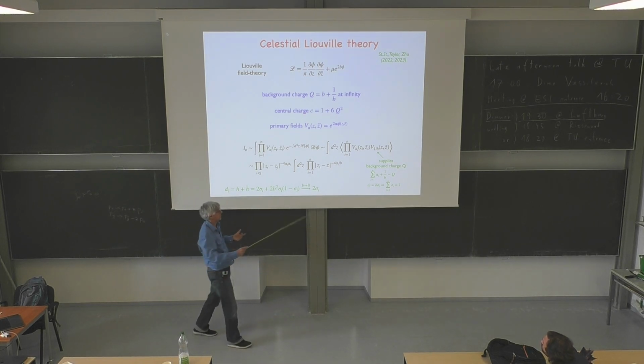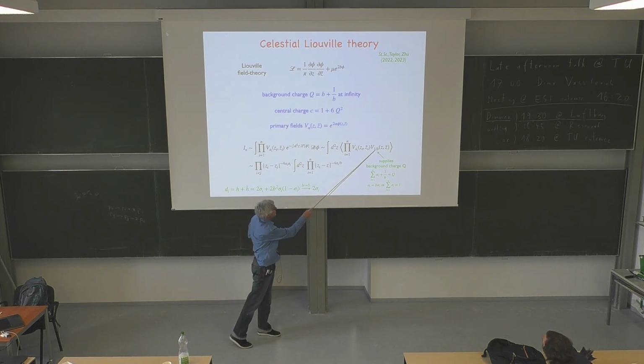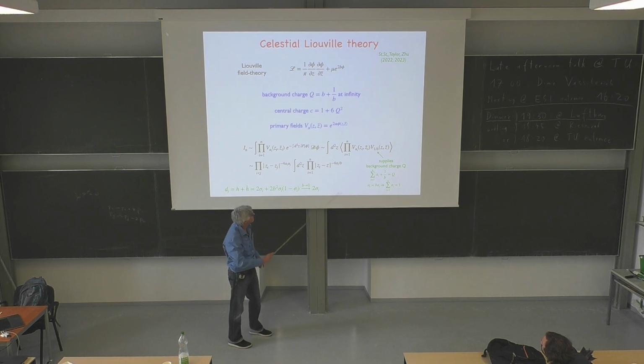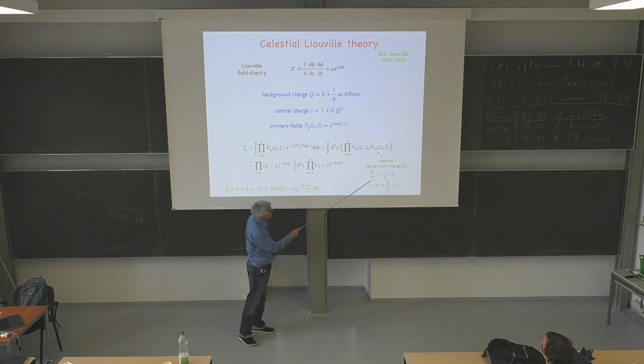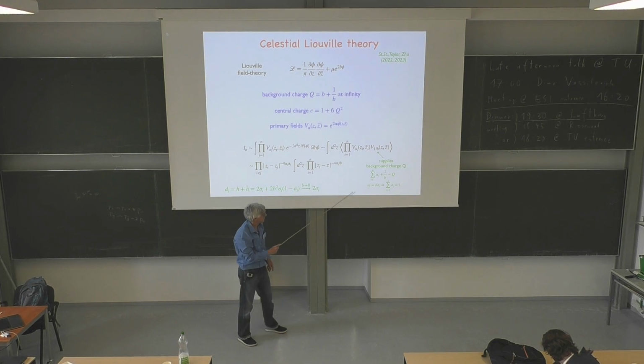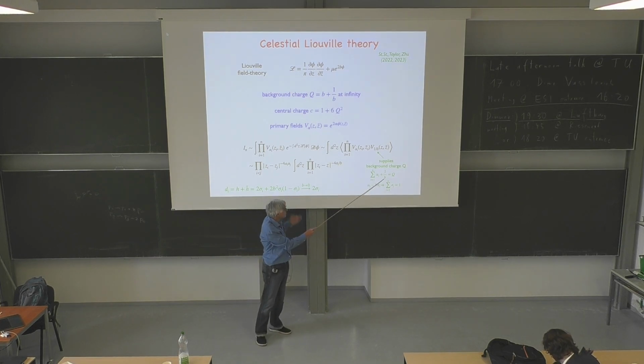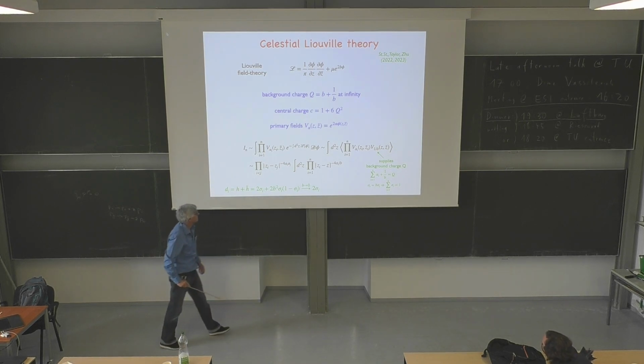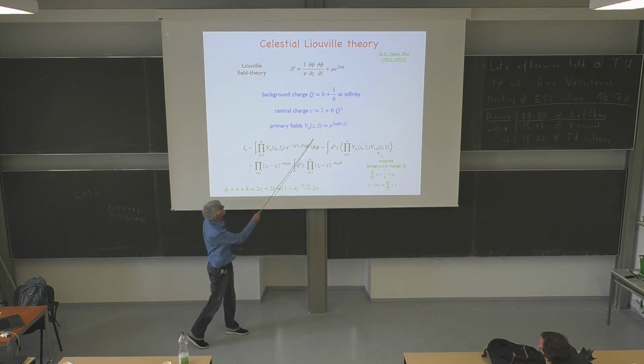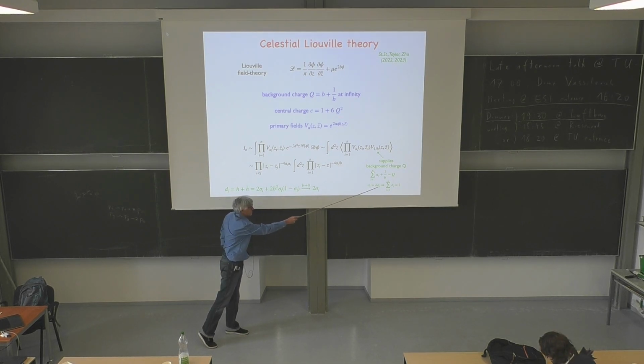The simplest one is to have one of these operators supplying the charge 1/b, and then you have to fulfill the condition that the sum of U(1) charges, alpha_i plus this charge, equals the background charge Q. Q is given by b plus 1/b, so the 1/b cancels. So if the alpha_i are b times sigma_i, then this equation is fulfilled. That means the alpha_i in these operators are given in terms of b times sigma_i.